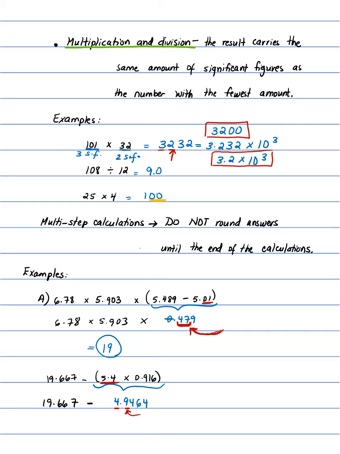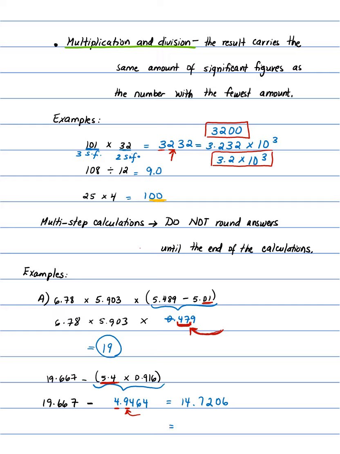So 19.667 minus 4.9464. I'm going to copy the whole thing that I have from the calculator, but that's not the final answer.